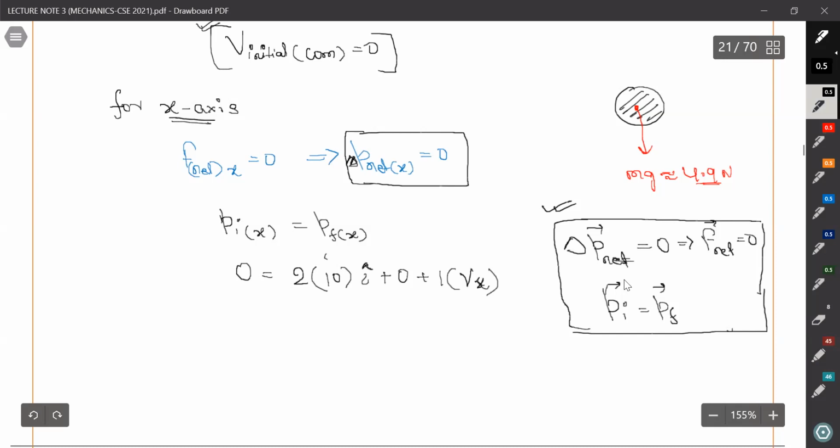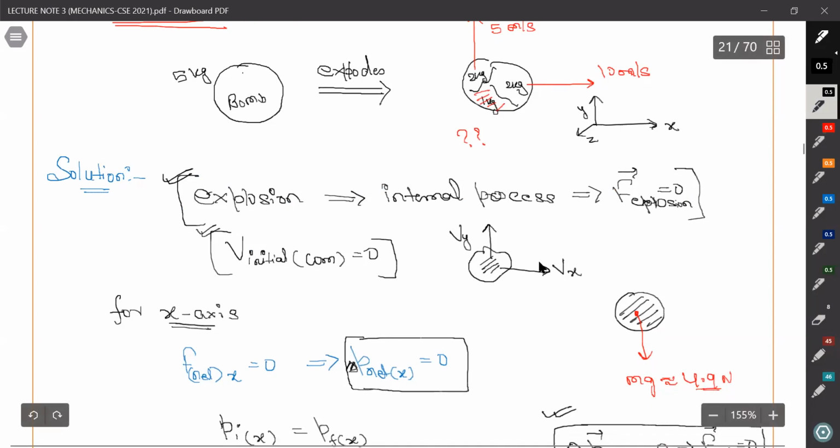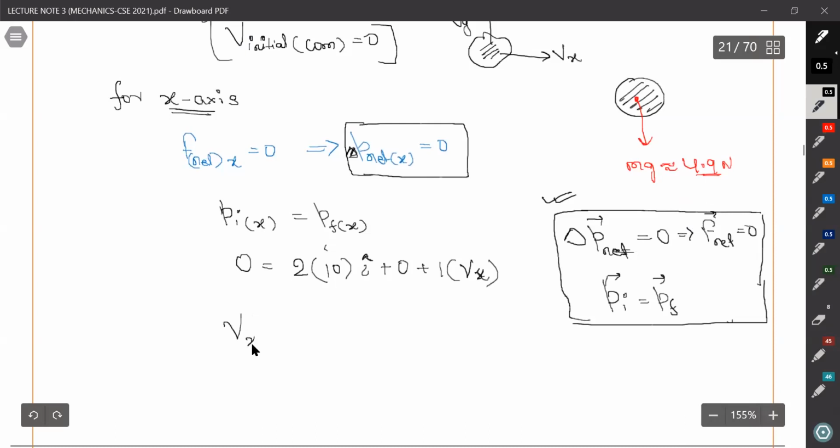Let's suppose this 1 kg particle moves with Vx and Vy, and we need to find Vx and Vy. So from here we can write Vx equals minus 20 i cap. I know you can easily find it. It's very easy for you.